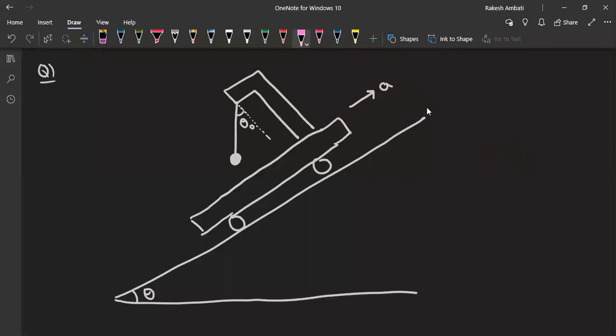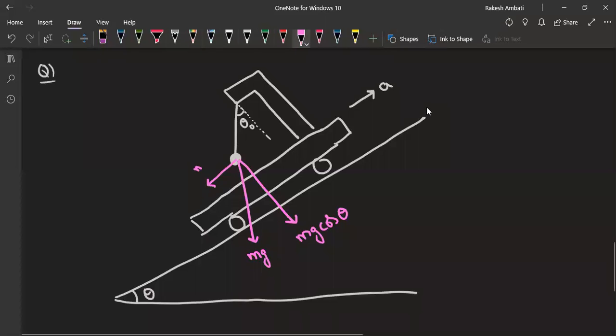We have to follow the same logic. First of all, there is mg, the weight vertically downwards. Its components are mg cos theta and mg sin theta.